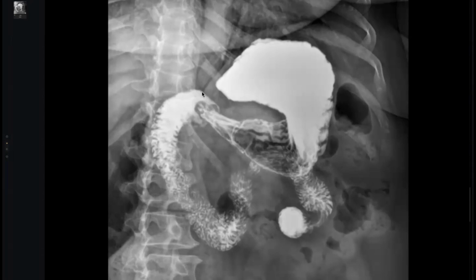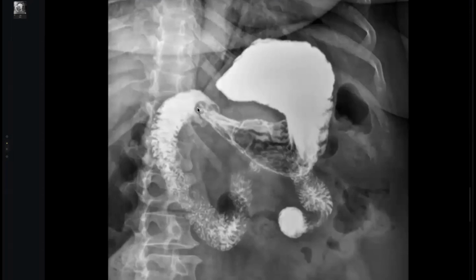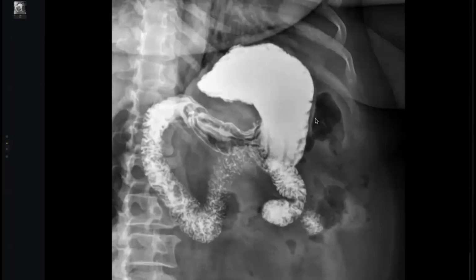Okay, my colleagues, I will show you other cases of ulcer and diverticulum, but concentrate here. Doctor, this is a filling defect. Can I see other planes, like oblique or lateral? If it is useful, the examiner will give them. If it is not useful, the examiner will tell you, no, this is enough.